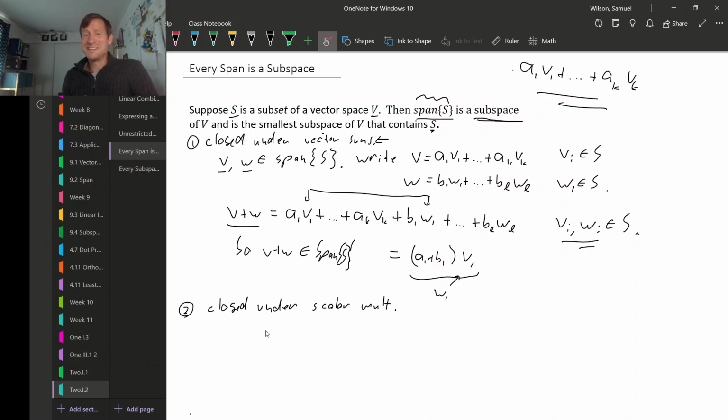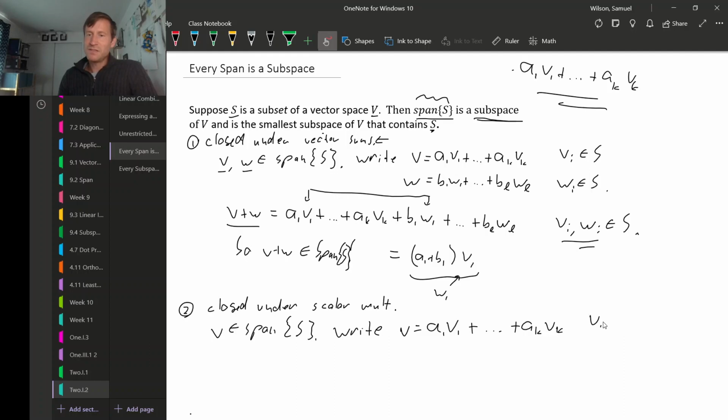This one's actually easier. So suppose we have V in the span of S. Then again, that means we can write V as a linear combination of vectors in S itself, like this: A1V1 up through AKVK.